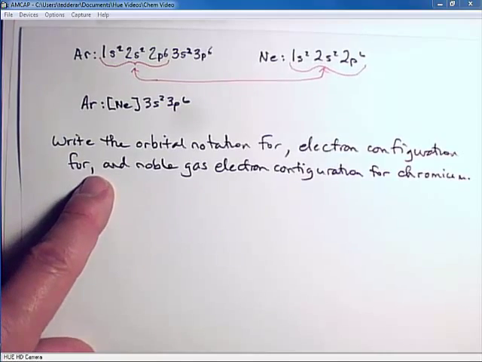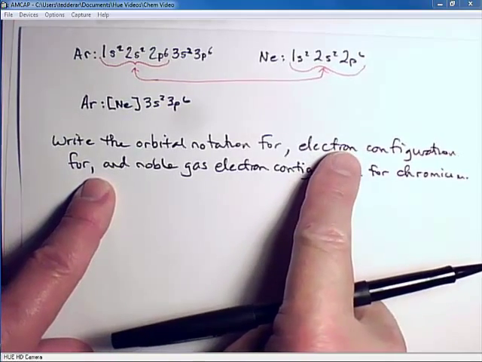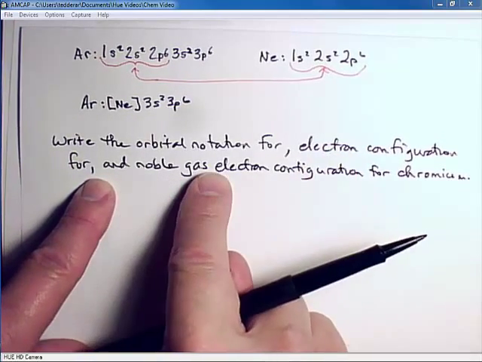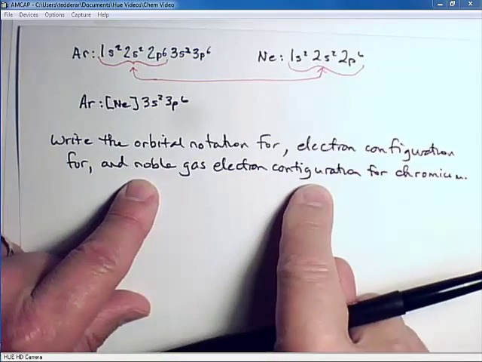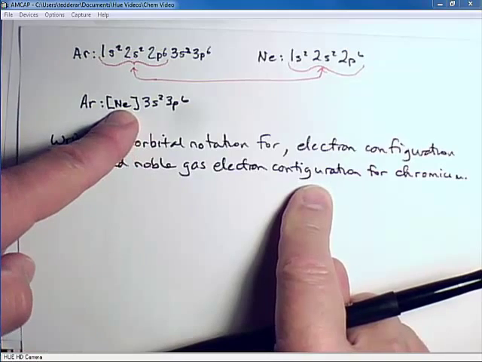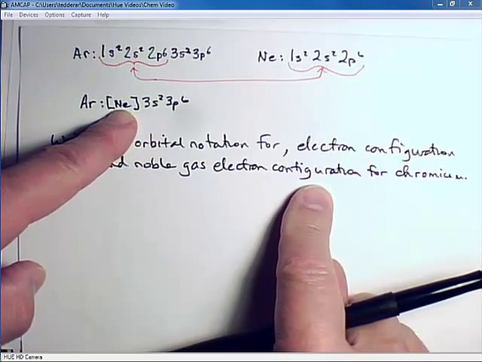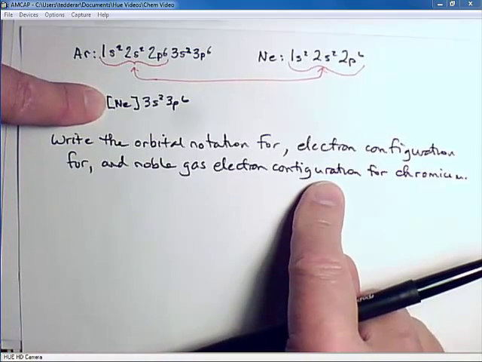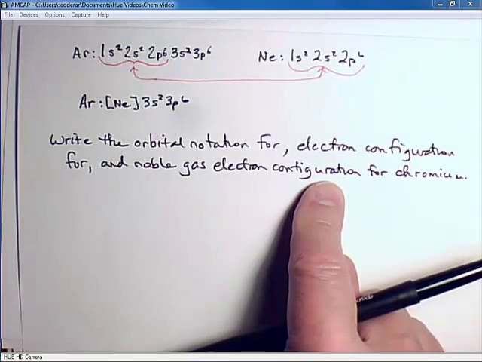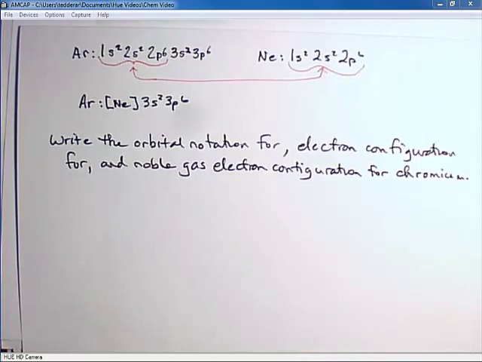We're going to write the orbital notation, the electron configuration, and the noble gas electron configuration for chromium. This noble gas electron configuration is the shorthand version, or the shorter version. And it's called the noble gas configuration because we put the noble gas in here. Got that? So write all three of those things and work with a neighbor, and then we'll see how you did.